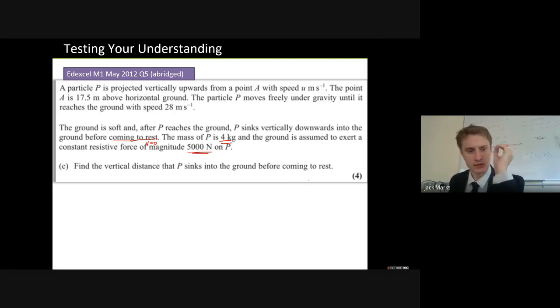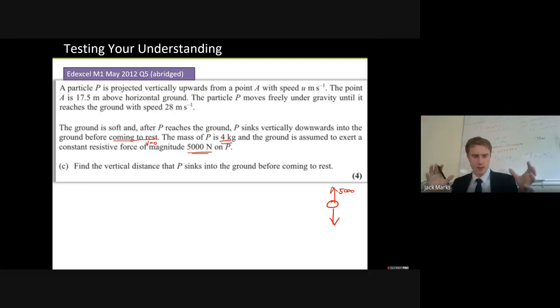So it seems to me we've got some particle sinking vertically downwards into the ground. It's going to have a weight. It's also going to have a resistance. So resistance is going to act the opposite way.